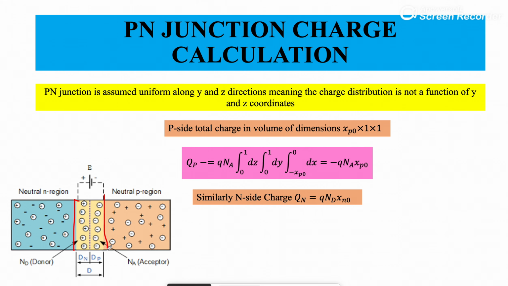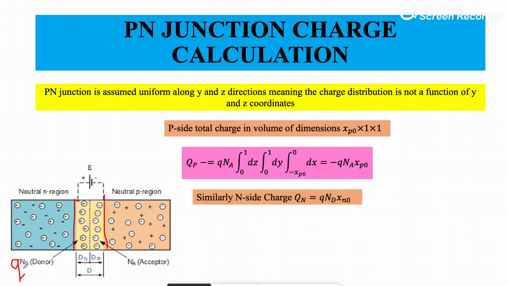So in the space charge layer, on the left hand side, which is n type, the charge density is q times N_D coulombs per centimeter cubed, where q is the electron charge.